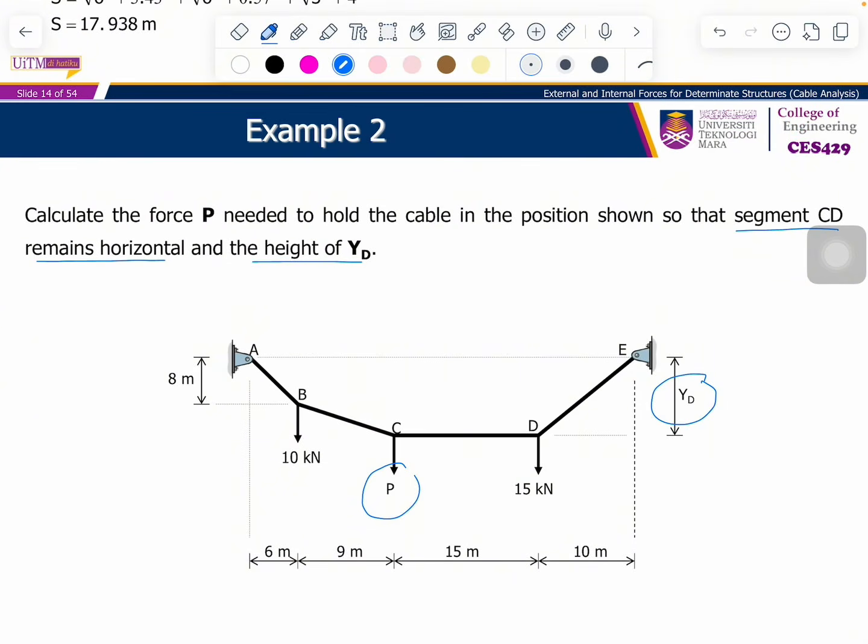This cable is supported by a pin support at A and a pin support at E, and they are supported at the same level.